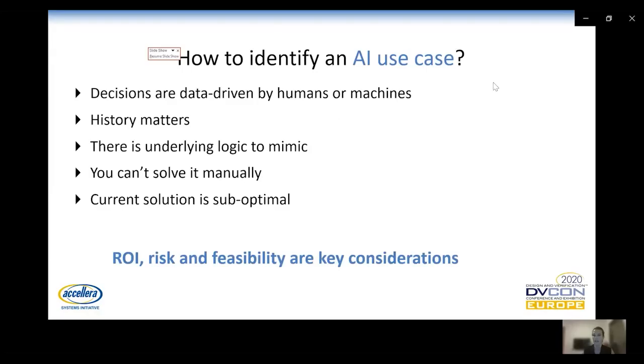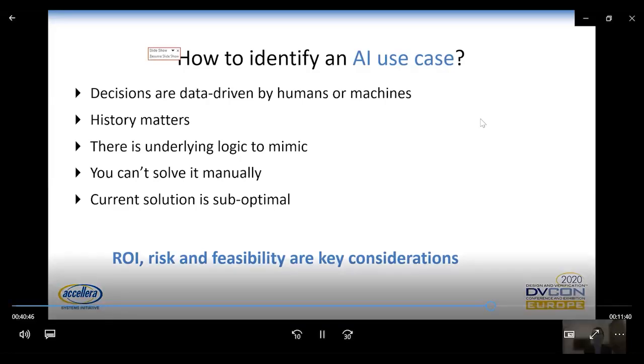So a few criteria I would like to call out. The first one is the decisions are data-driven, meaning that if you have a business process where there are different considerations that your data cannot explain why a certain decision was made, even if it's a complex one, but there is the data that knows to describe it, then no machine learning algorithms would be able to mimic the underlying logic.